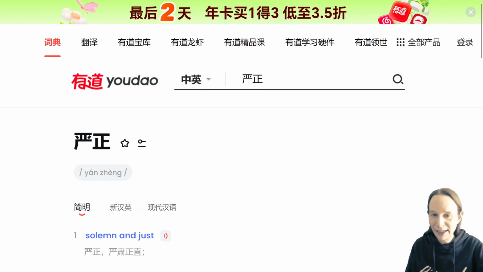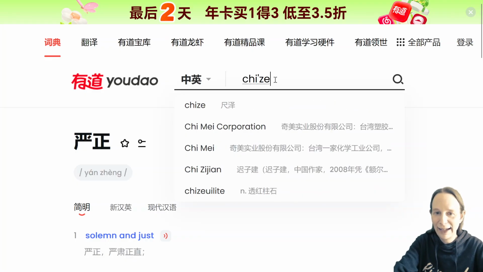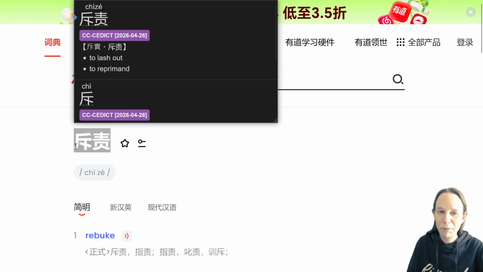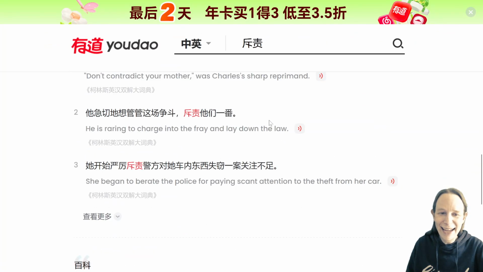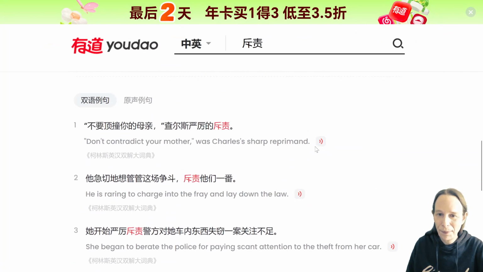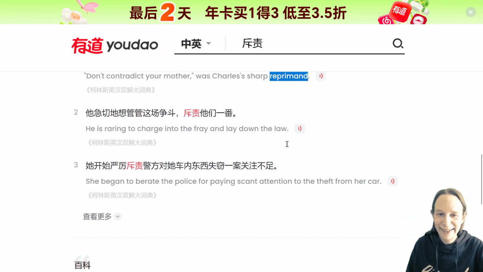Okay, 严正的斥责. Again, this is a bit formal as well. Rebuke. Rebuke is a good translation, really. 斥责, lash out. I don't think lash out is that great. Reprimanded. Yeah. It sounds a bit fancy to me.